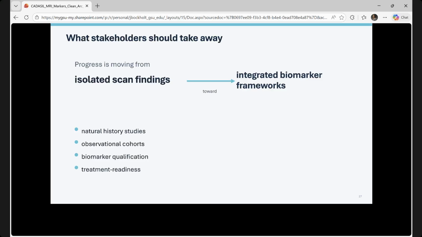So we really want to try to move away from isolated individual findings and move towards an integrative approach where we look at all of the biomarkers, omics, deep phenotyping together all at once. To me, this has the best chance at establishing and qualifying biomarkers and being sort of ready for treatments.